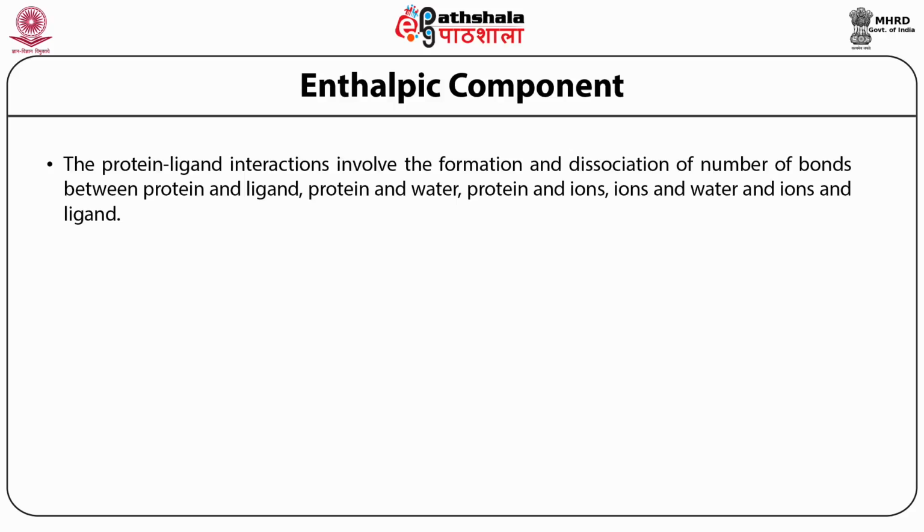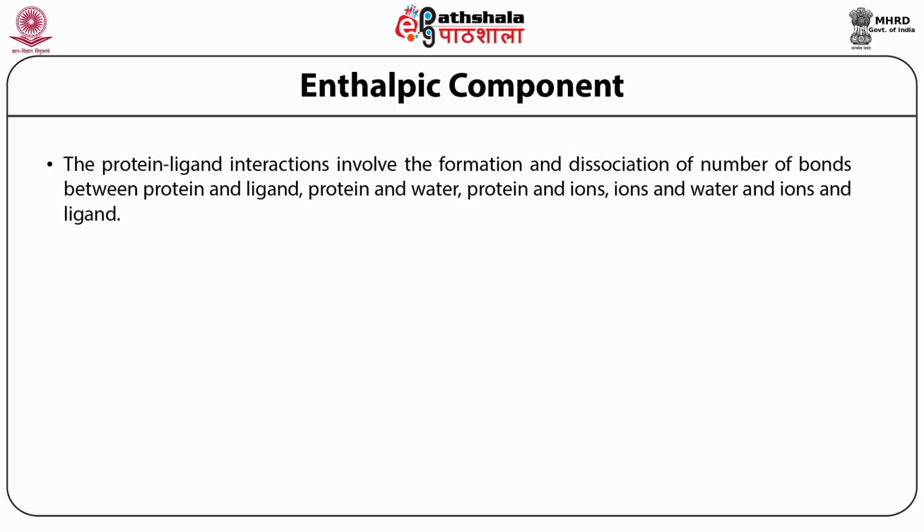It is difficult to figure it out just by looking at how many bonds can be broken and how many can be formed. So, whenever a bond is broken, that is an endothermic reaction. So, we need to supply energy to break a bond.